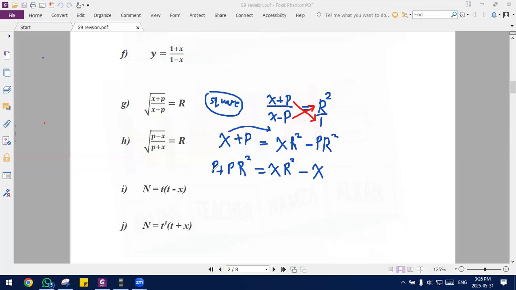Here I have x r squared and x. How can I make it 1x? We need to combine them together. We cannot subtract, so we take x as a common factor. We did it before, actually.